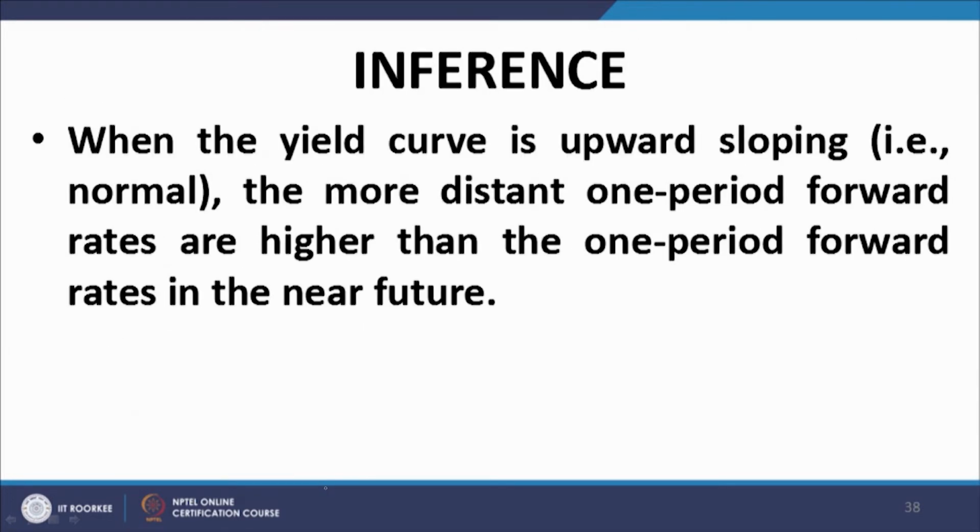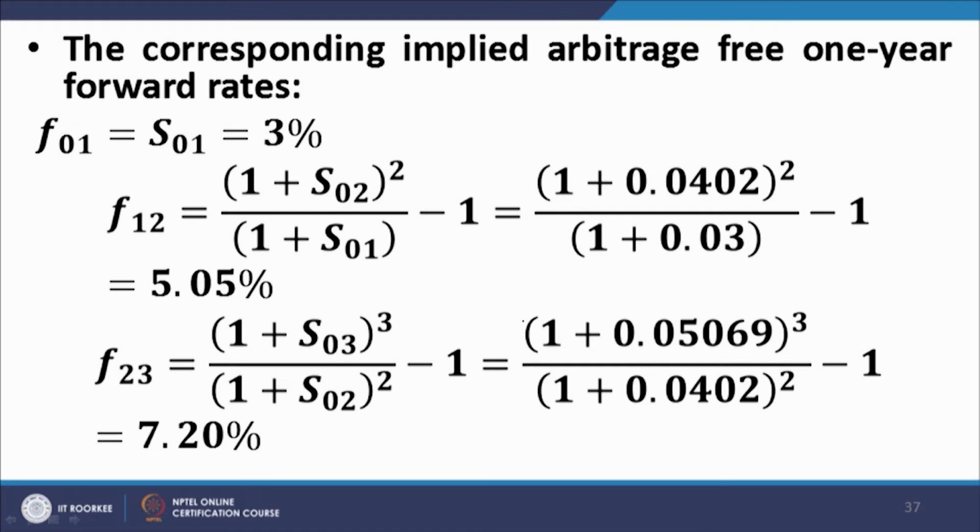Okay, so when the yield curve is upward sloping, as we saw just now, the more distant 1 period forward rates are higher than the 1 period forward rates of the near future. As you can see in this example, we have F12 equal to 5.05%, F23 equal to 7.20%, and clearly F23 is greater than F12.